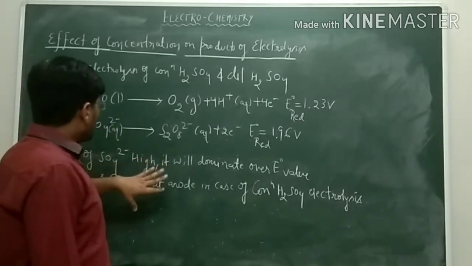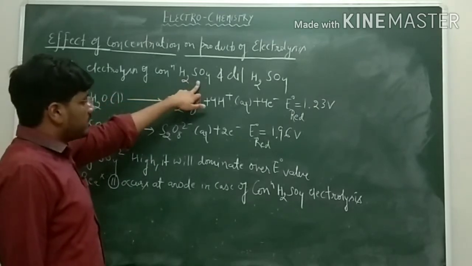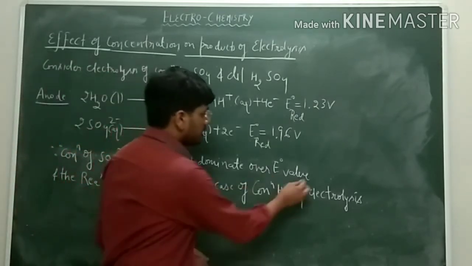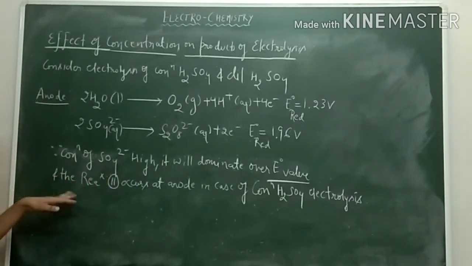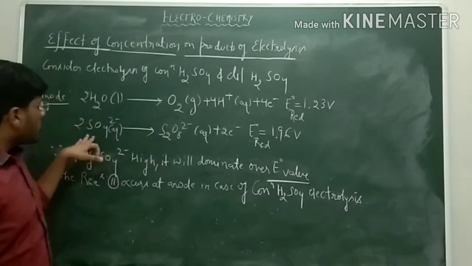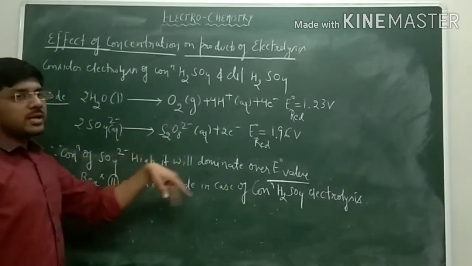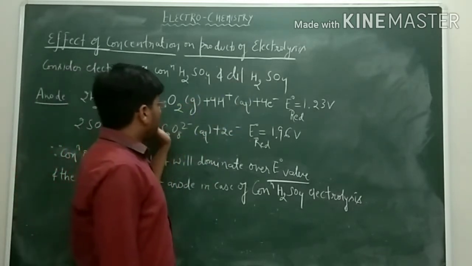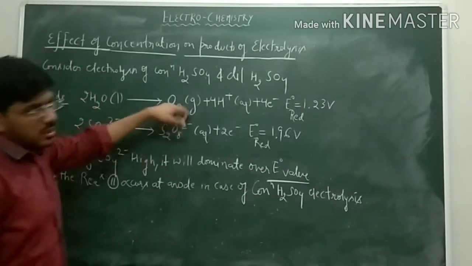But due to the higher concentration of the sulfuric acid we have taken, it dominates over the E° value, and the product we actually observe gets reversed. That is, oxidation of sulfate ion takes place. But in the case of dilute sulfuric acid, the conventional product, oxygen gas, is obtained.